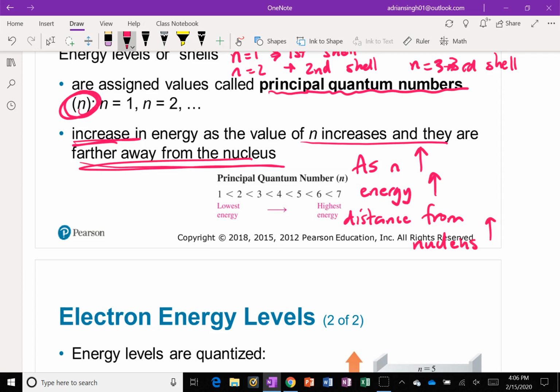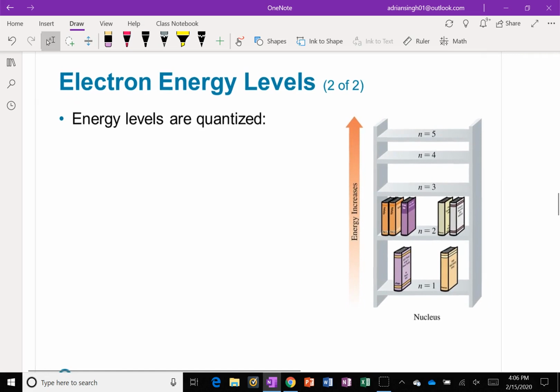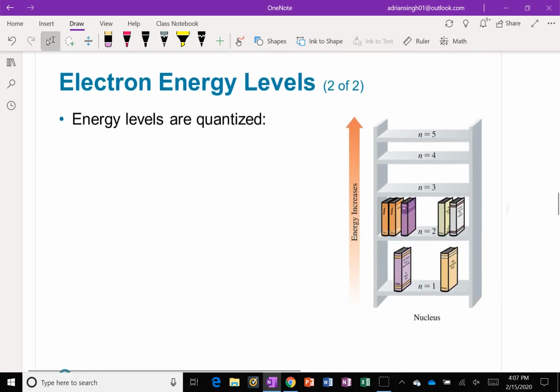So it's a straightforward relationship between what n is, the energy associated with it, and the distance from the nucleus. These different energy levels correspond to different distances from the nucleus and different energies as well.